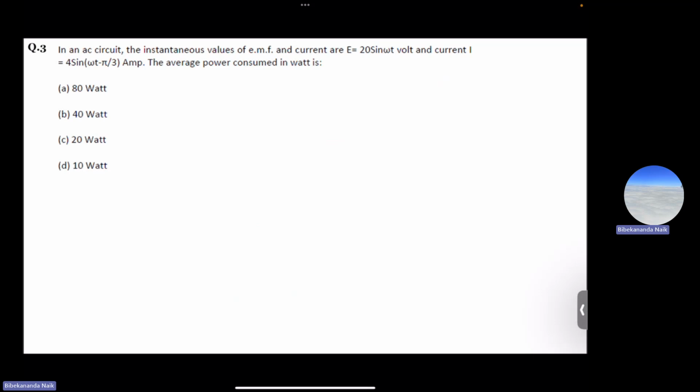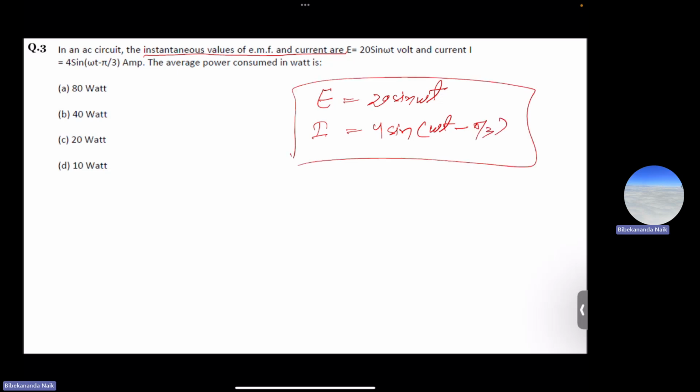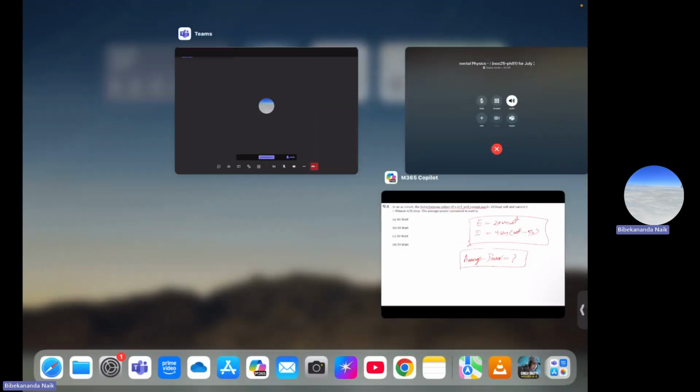So here the instantaneous value of EMF and current is given, and we need to find out the average power. So I'll give you a few minutes and then we will discuss.